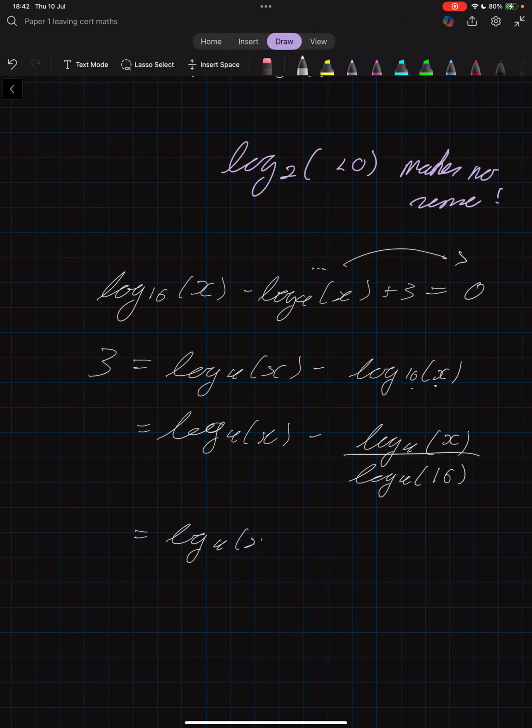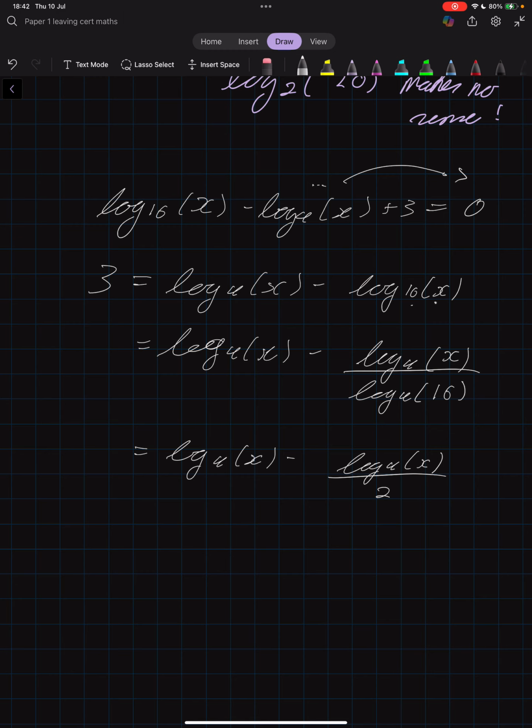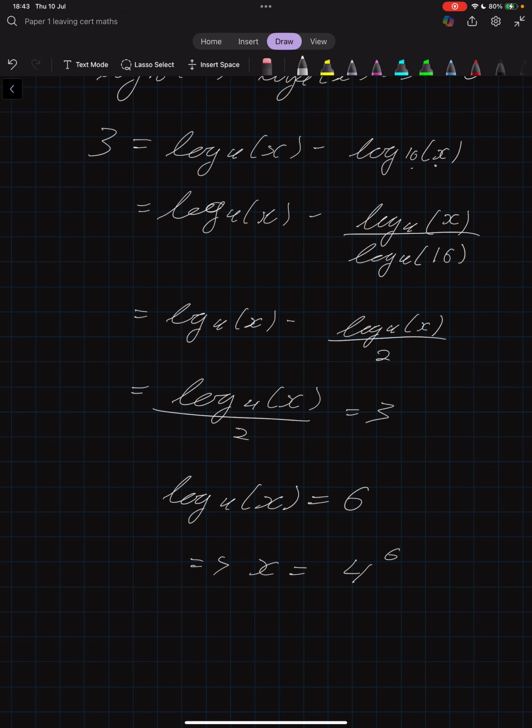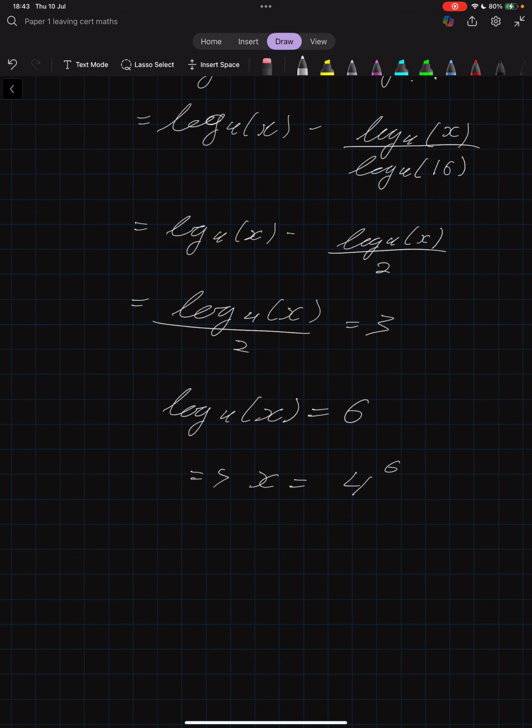Because again, 4 to the power of 2 is equal to 16. So this now leaves me with log to the base 4 of x over 2 is equal to 3, or log to the base 4 of x is equal to 6. And this means that x is equal to 4 to the power of 6.